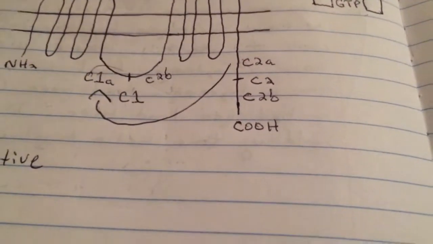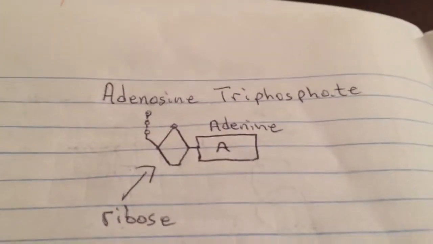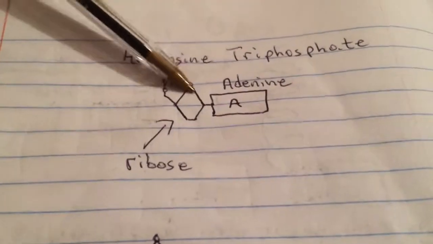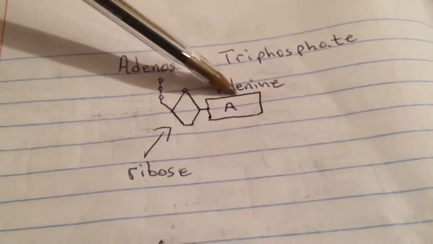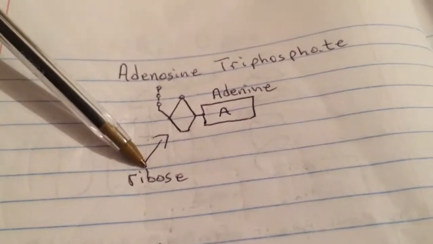Boom. Almost like it could break things apart, like here. That is adenosine triphosphate. You have the oxygen on the top right here. That's adenine. Now, adenosine just means the organic base adenine bound to the ribose sugar.